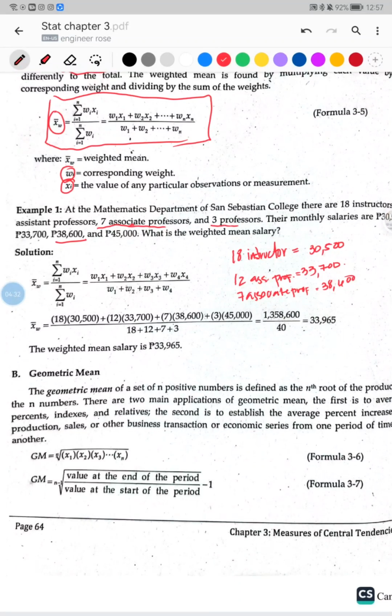And the last, 3 professors, equals 45,000.